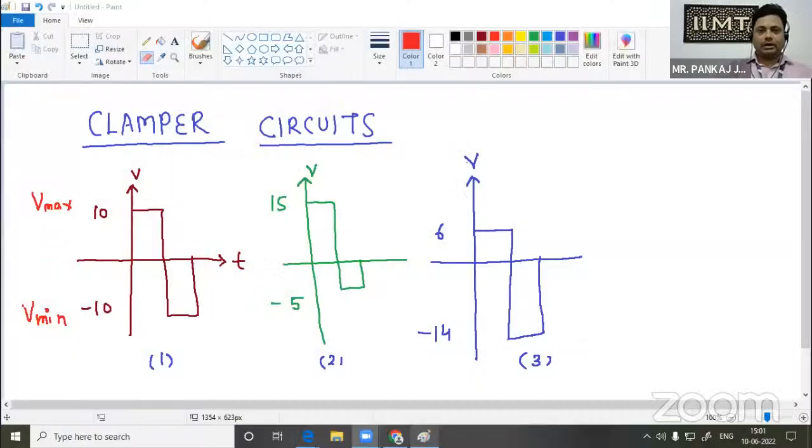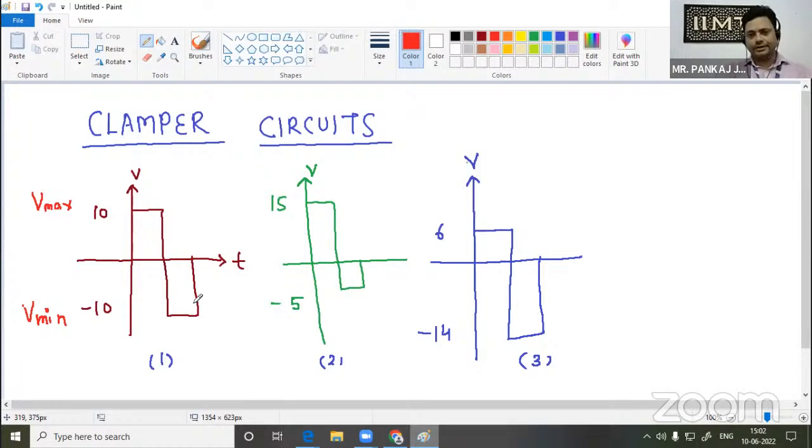Here I have made three different waveforms. First, I would like to discuss these waveforms. In the first waveform, the maximum voltage is 10 volt and the minimum is minus 10 volt. In the second waveform, the maximum is 15 volt and the minimum is minus 5 volt.